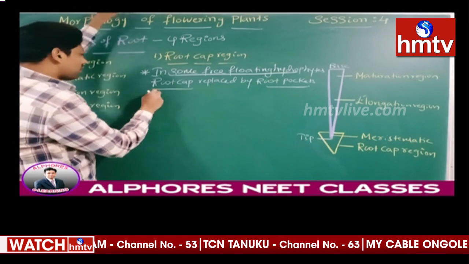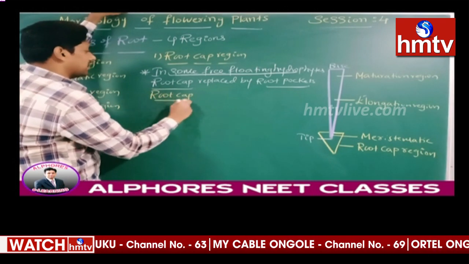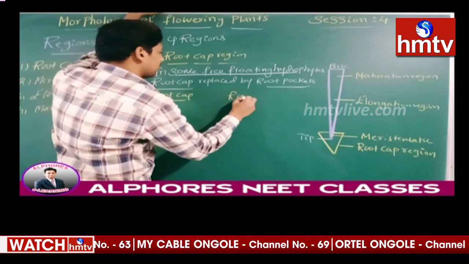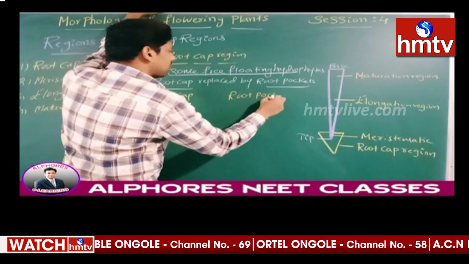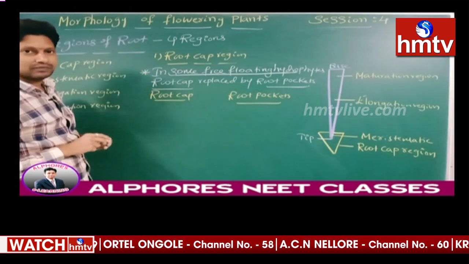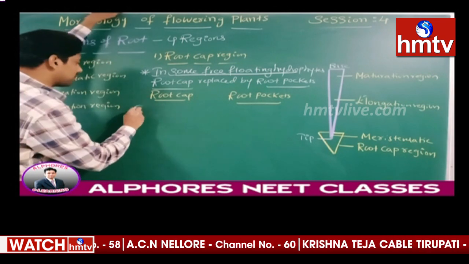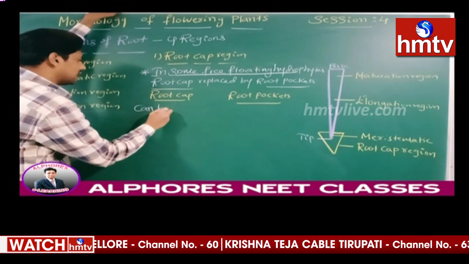Okay. Sir, what is the difference between this root cap and root pockets, sir? Listen. Root cap, once lost, can be formed again. Therefore, the root cap can be regenerated.